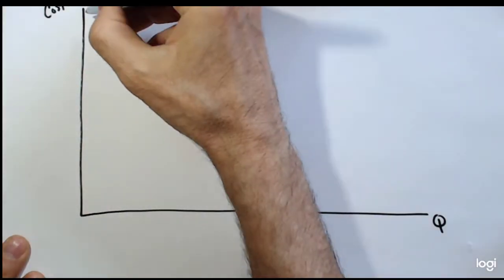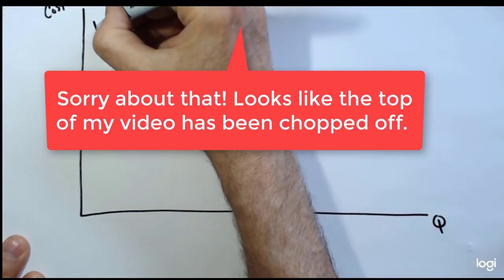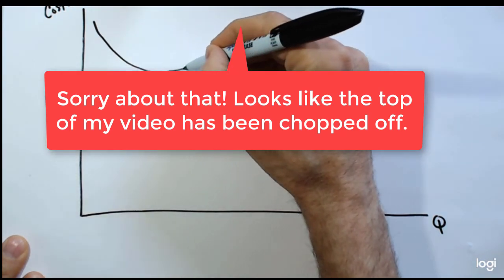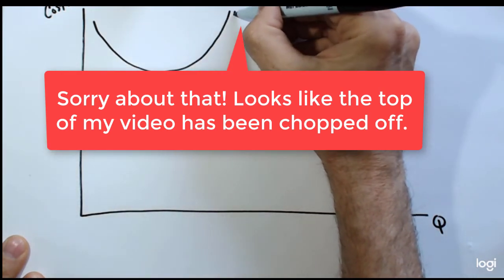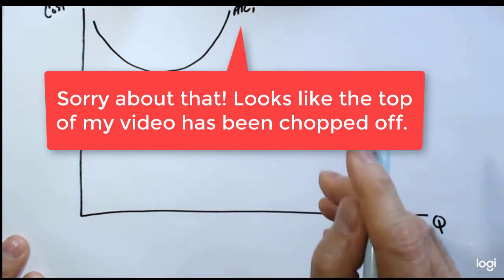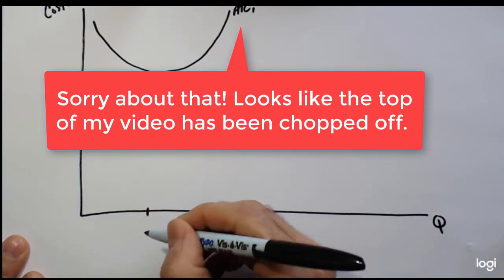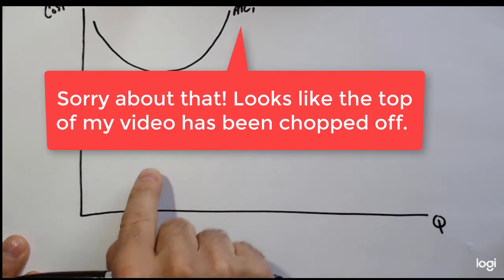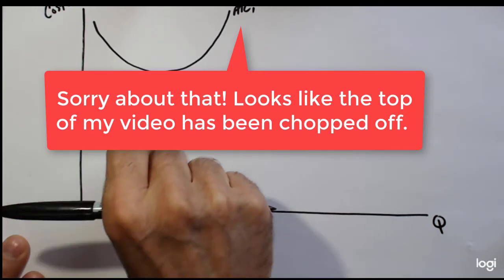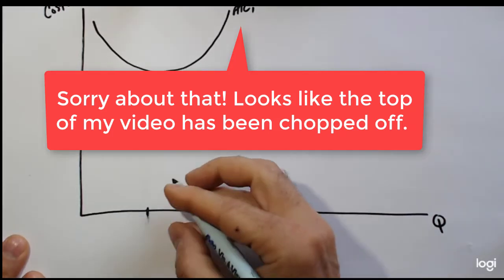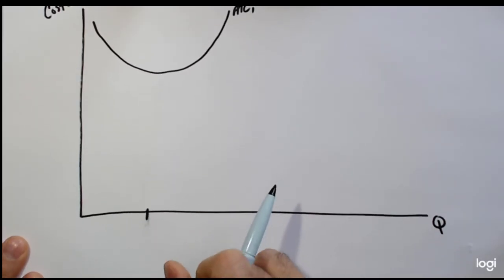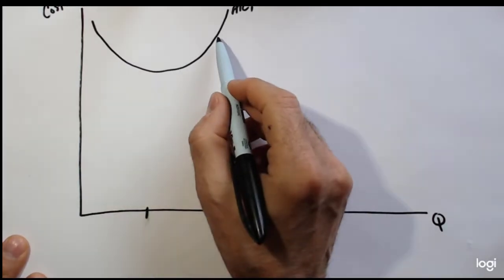Let's imagine that we have a relatively small firm, and here's its average total cost curve. We'll call it ATC1. Its minimum efficient scale, the point where it should be producing for a minimum average total cost, is right here. Relatively small firm.